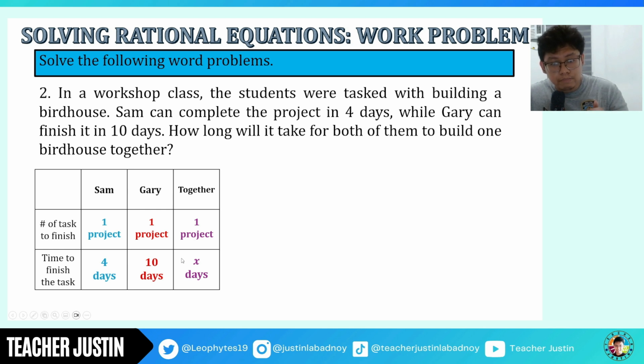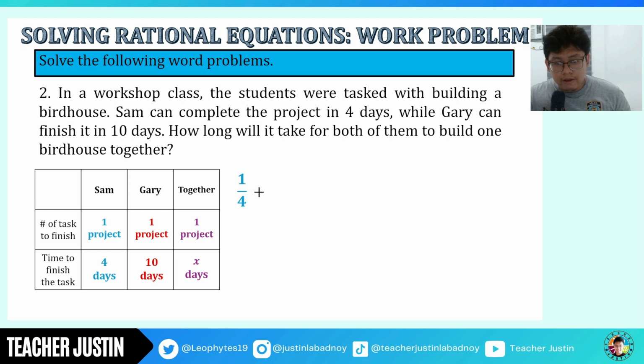In solving this, we need to prepare the ratio of the number of tasks to finish and the time to finish the task by Gary and Sam. Sam has a ratio of 1/4. Since they're going to work together, we will add their rates, the rate of Sam and the rate of Gary.